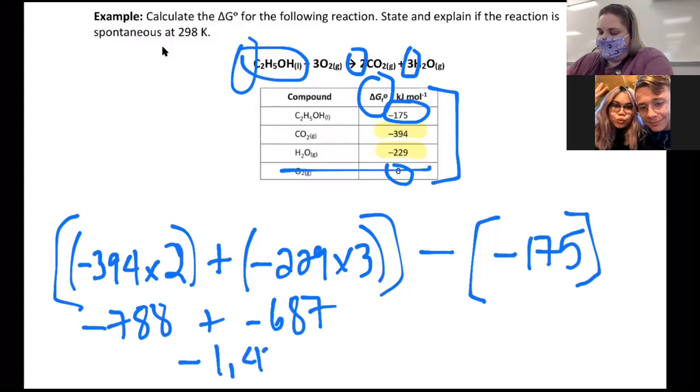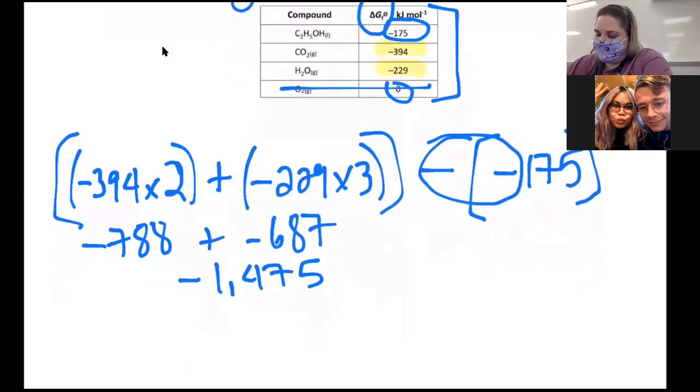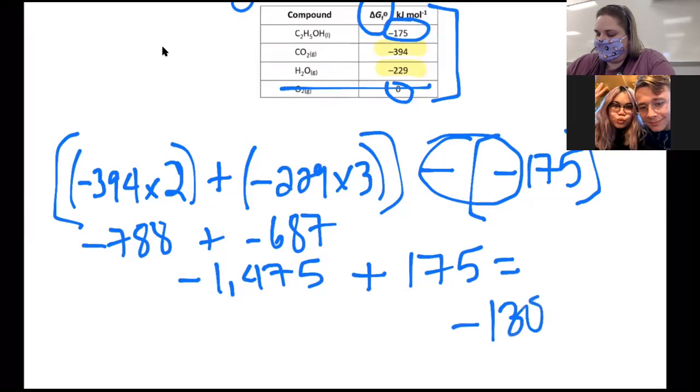And then we said earlier, when I subtract a negative, that means I have to change it to addition. So since this is going to be subtracting negative 175, it just becomes plus 175. So negative 1475 plus 175. So this is negative 1,300 kilojoules per mole.